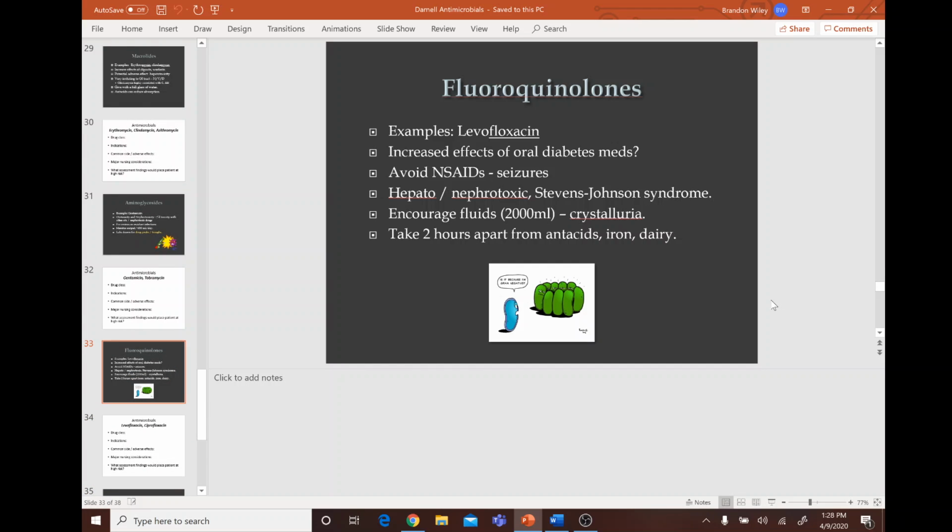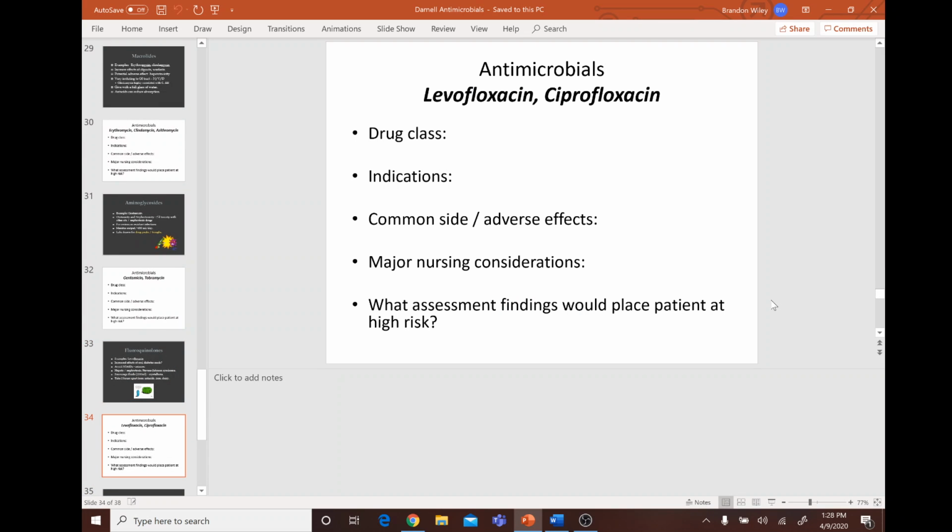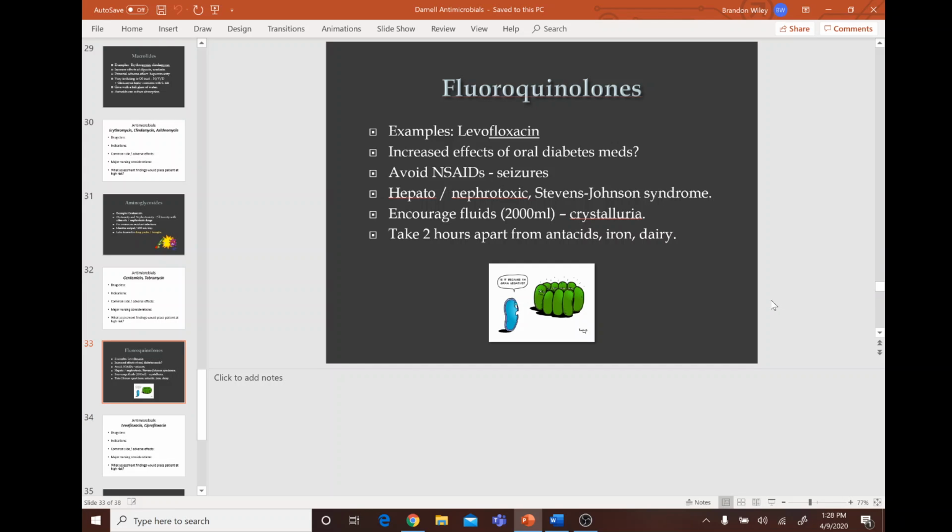Give me some examples of fluoroquinolones. Levofloxacin and ciprofloxacin. What are the food and drug interactions with fluoroquinolones? Increased effects of oral diabetes medications.